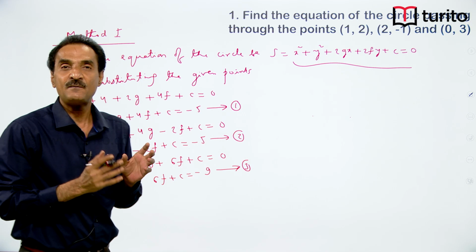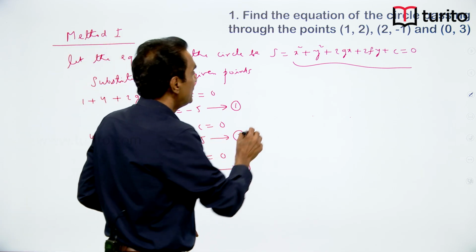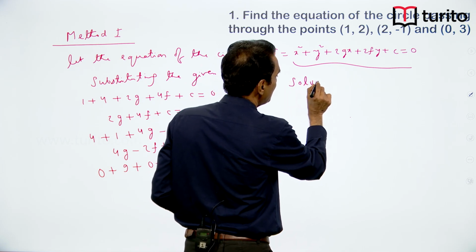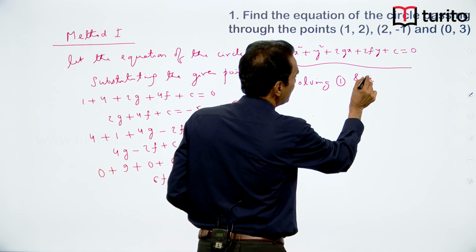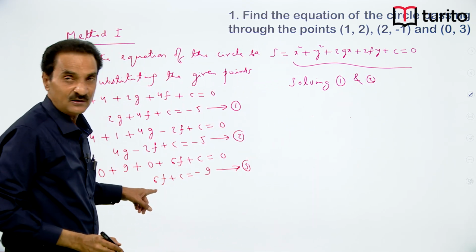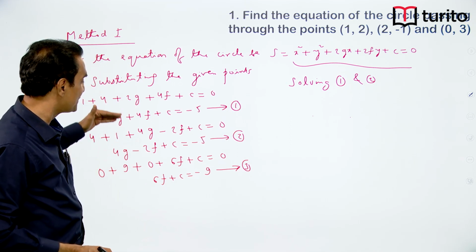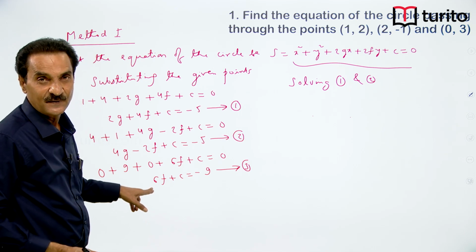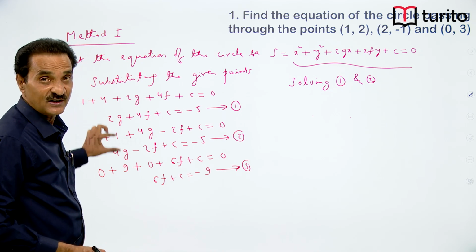Now we can find the values of g, f and c by solving the three equations. Solving 1 and 2. In the third equation we do not have g, so I will first eliminate g from the equations 1 and 2. Then I can solve with this and get f and c. How to eliminate g from these two equations 1 and 2?